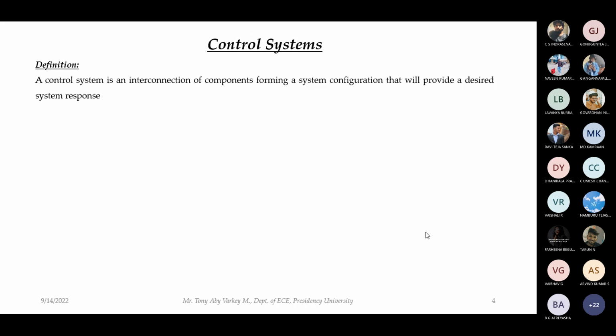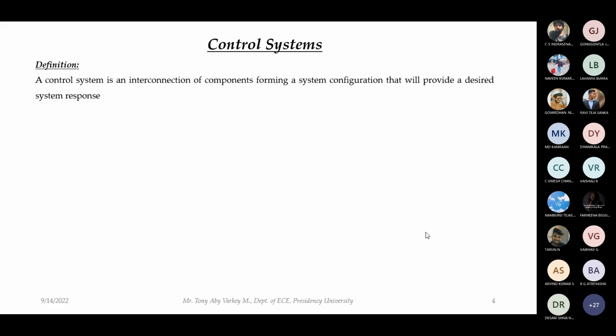Everything together forms a control system. What is the objective of the control system? It is to provide a desired system response. I want the output temperature to be at 100 degrees Celsius. That is my desired system response. Understood? I will explain in more detail. I want the temperature to reach 100 degrees Celsius as quickly as possible.